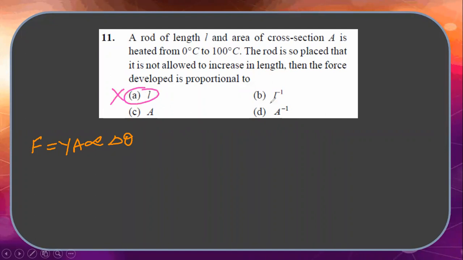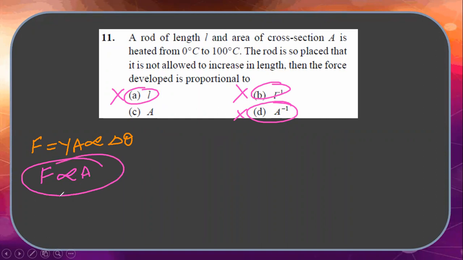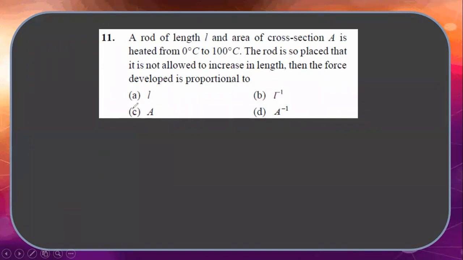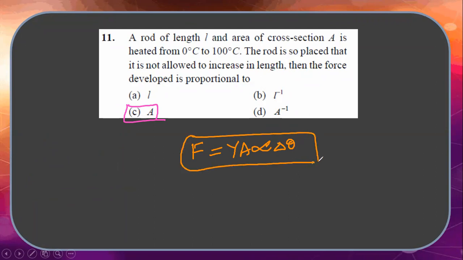Length is wrong, and A power minus 1 is also wrong. Thermal force is directly proportional to area of cross section. That's why option C is correct. Thermal force F is equal to YA alpha delta theta.